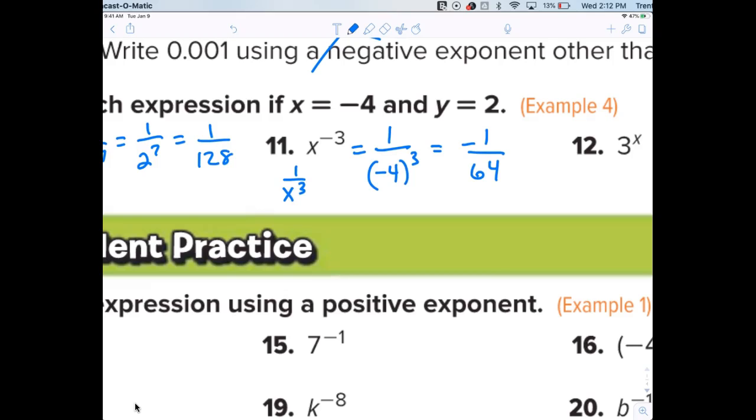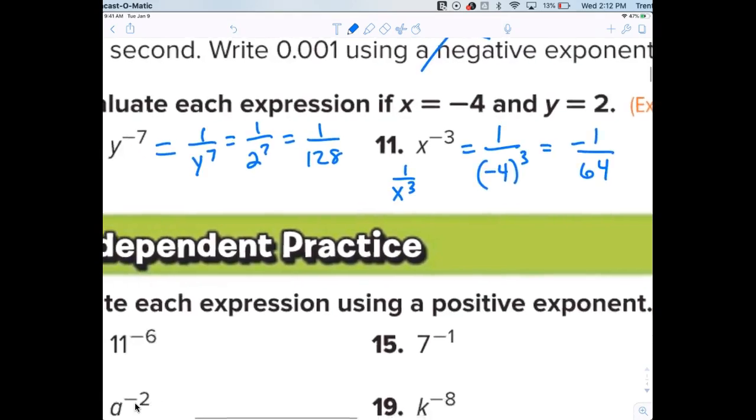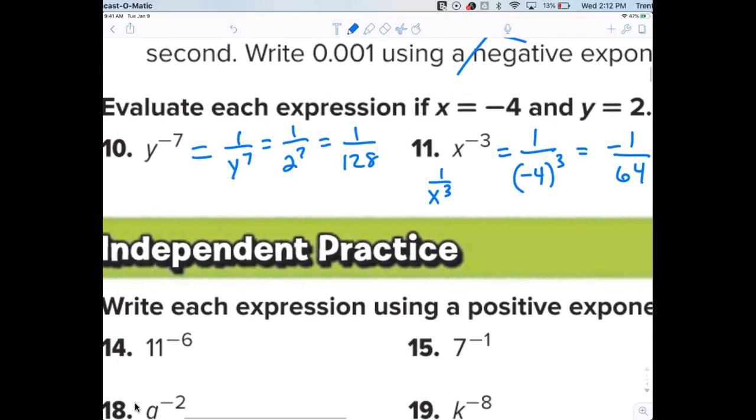My calculator just did 128. I want you to do on your calculator 2 carat negative 7. There's a negative button, not a minus button. Yeah, I have the negative. 7, equals, and then math, or turn it to a fraction.